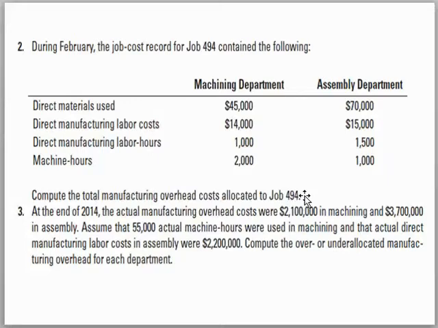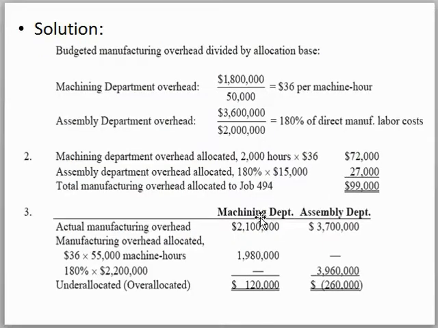Okay. For the machining department, actual manufacturing overhead is 2,100,000. To get the allocated overhead, we multiply the actual base by the budgeted rate. For the machining department, the actual base is machine hours, which is 55,000.